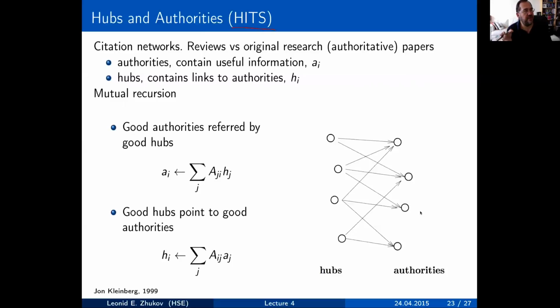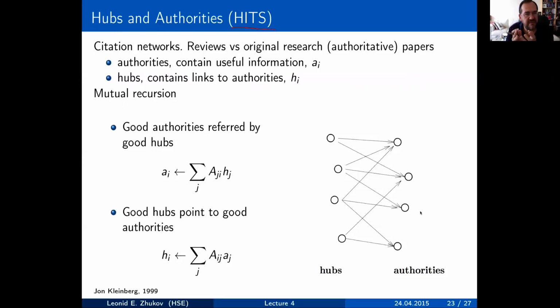And the idea is the following. I think it's a very beautiful idea by John Kleinberg. Let's say we look at the scientific citations, right? And if you read scientific literature, you realize that there are usually two types of papers.